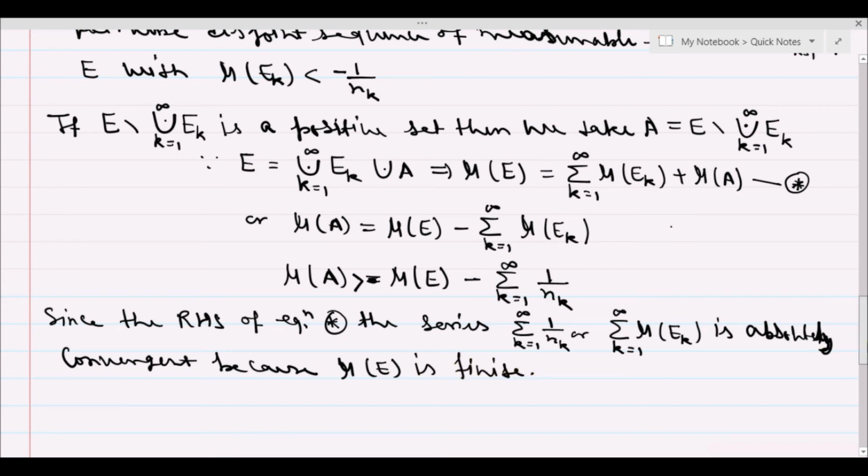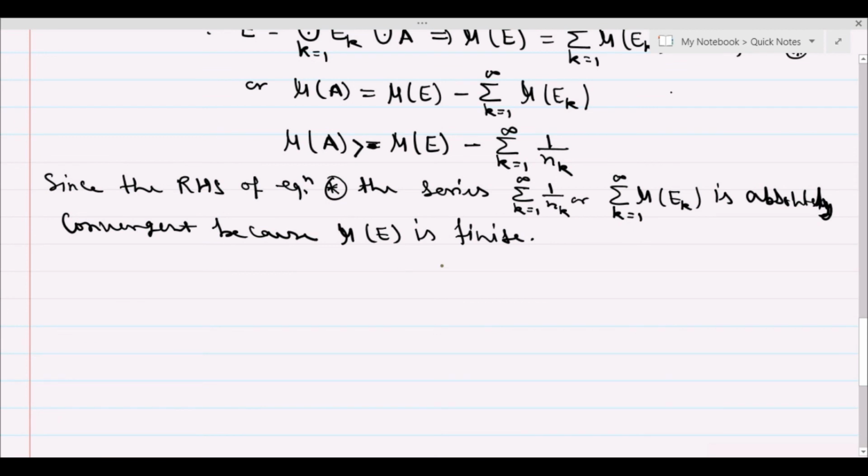So mu of A is greater than 0, and hence the theorem follows.